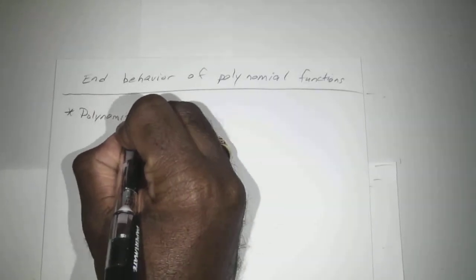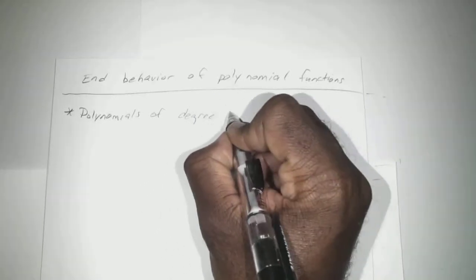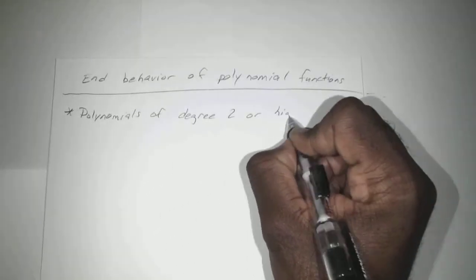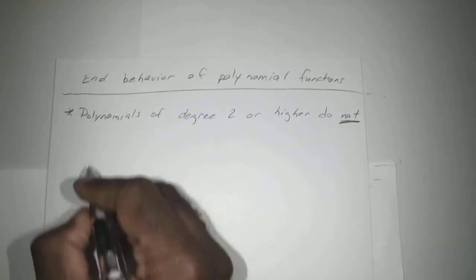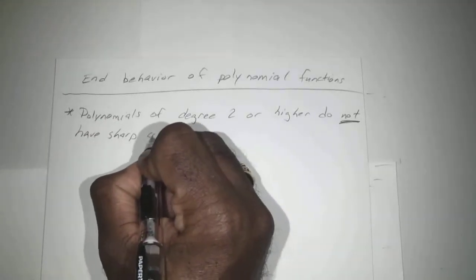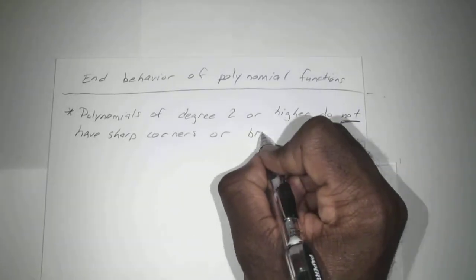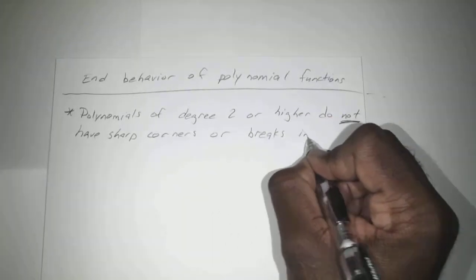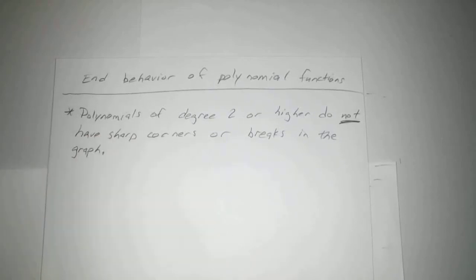So polynomials of degree 2 or higher do not have sharp corners or breaks in the graph. Okay, so in other words, they're smooth and they're continuous.